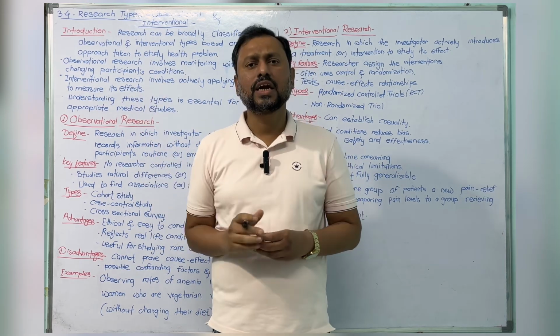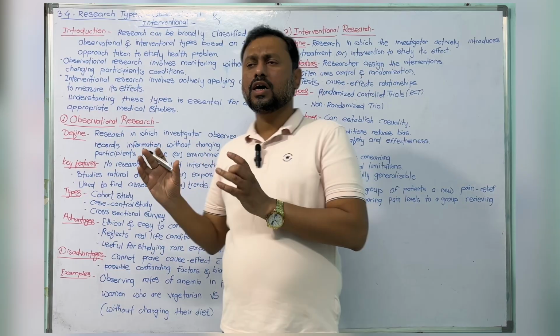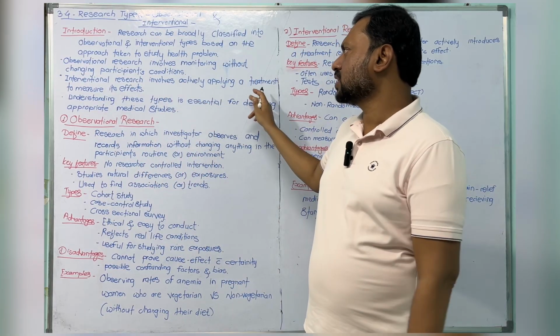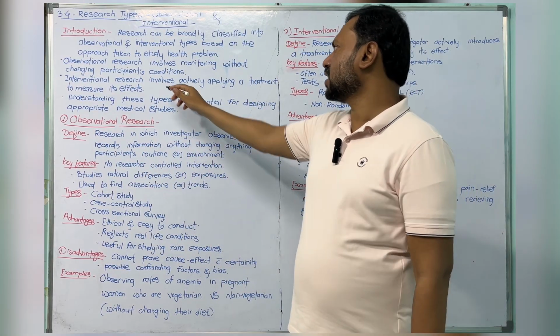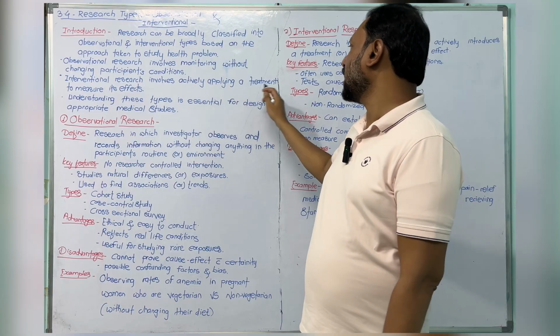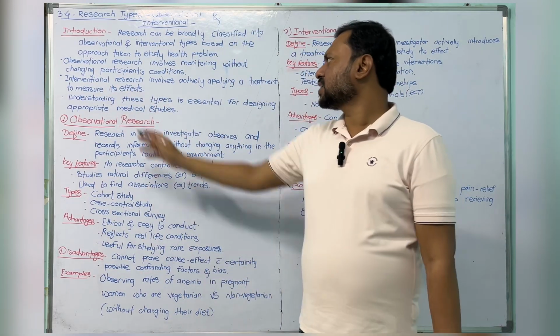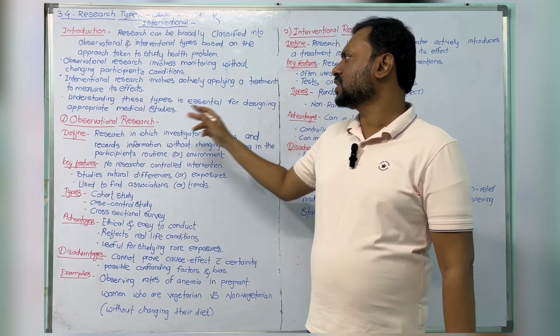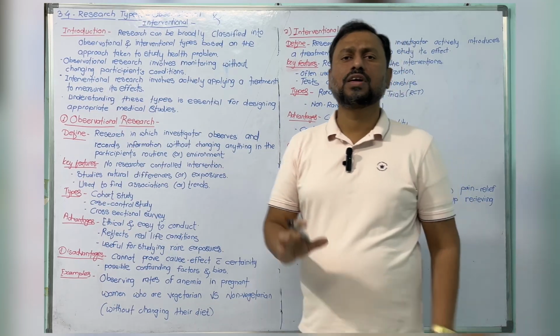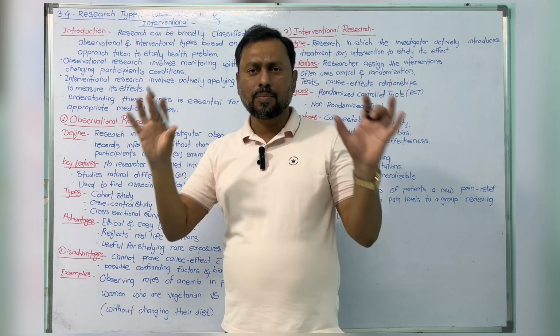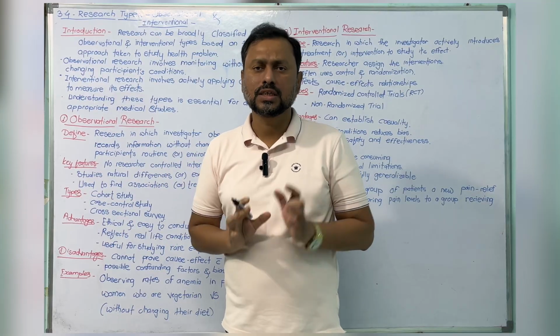This is called interventional research. The researcher is involved in the study, actively applying the treatment to measure the effect. Understanding these types is essential to design appropriate medical studies, and this is part of preparing for research designs.